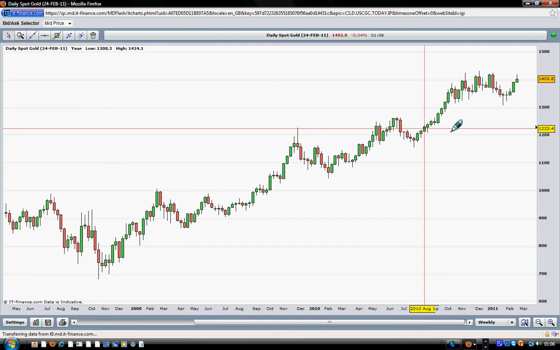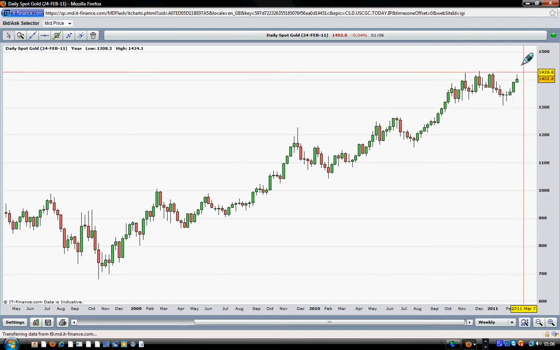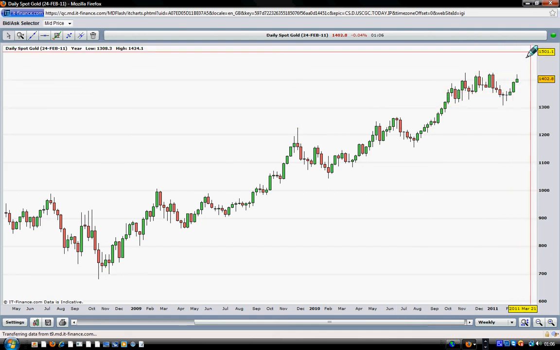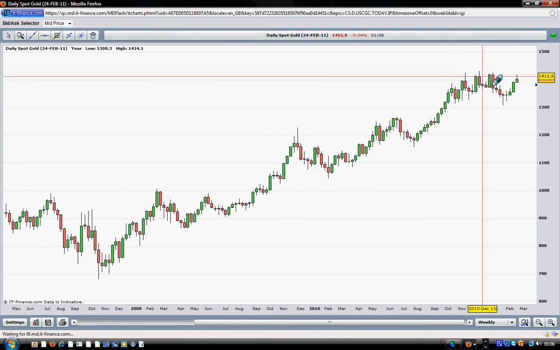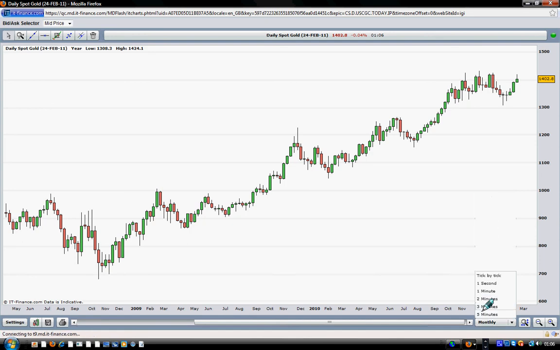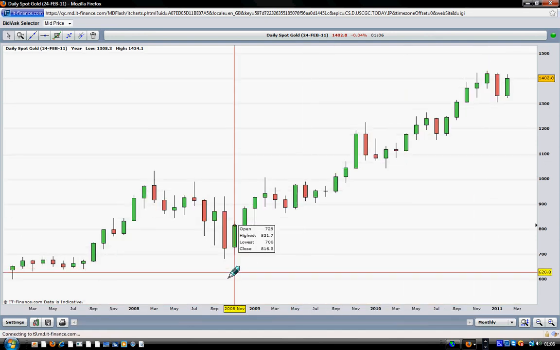No job creation. You will see again gold continuing the movement to the upside, maybe even reaching the level of 1500. But as soon as we have excellent non-farm payroll and economic condition has been a bit firmer in the United States, you will see that gold will start coming down. Okay, looking at the monthly chart of gold, we do not assume anything.